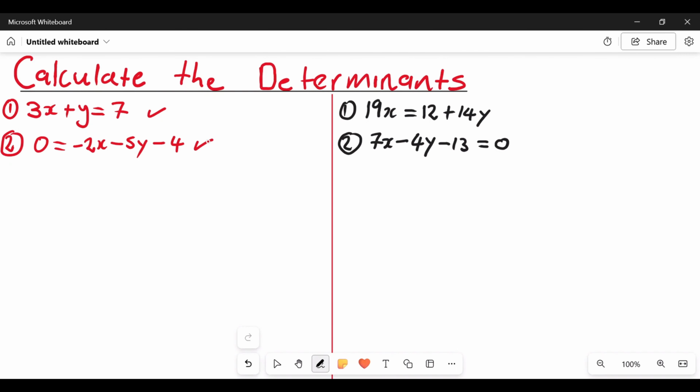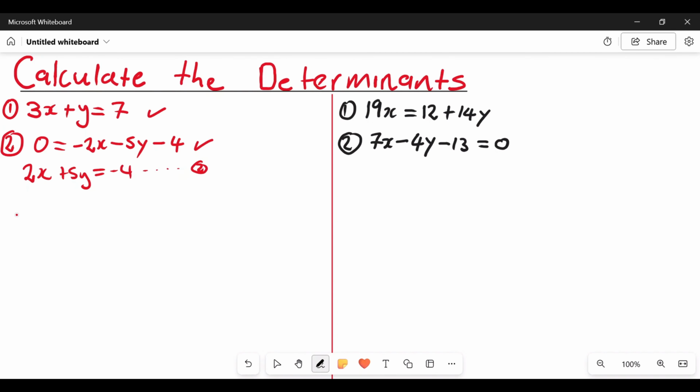But as for equation 2, we need to rearrange it so that it has an order similar to equation 1, where the first term on the left is 2x, and then the second term should be 5y, and all this should equal negative 4. So when we rearrange it, we're going to transpose that negative 2x, which is going to give us 2x plus 5y, and all this is going to be negative 4.